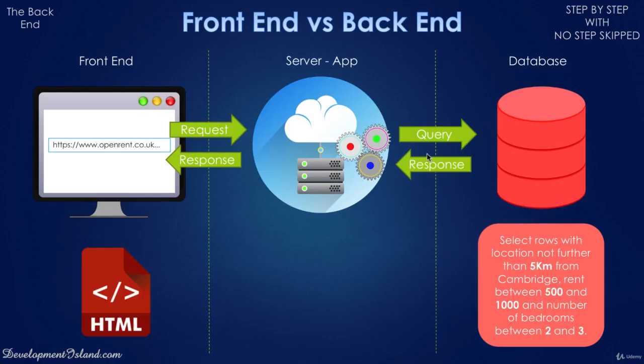Hopefully this gave you a good understanding of how the backend works. Now the app that is inside the server, and which does all the work from receiving the request from the client, to sending the query to the database, to receiving the response from the database and building the customized web page, that's what you need to build inside your server when building a backend website or a dynamic website.